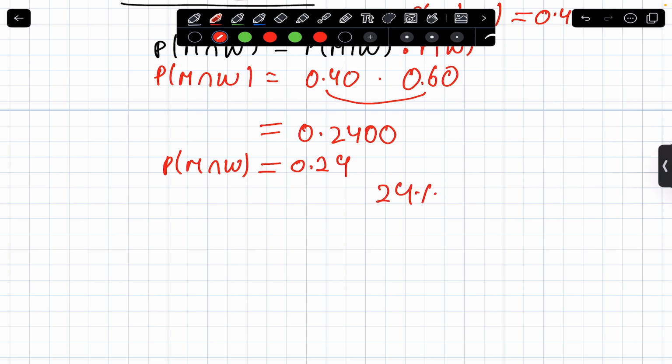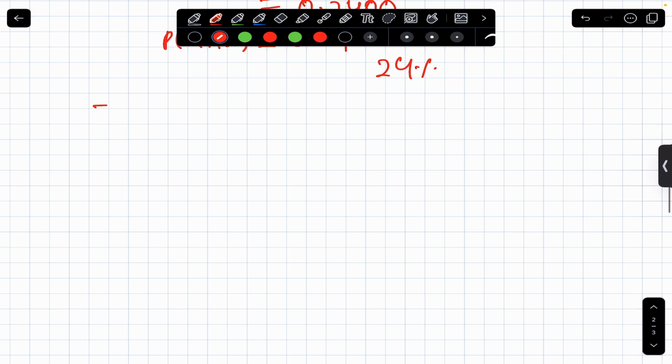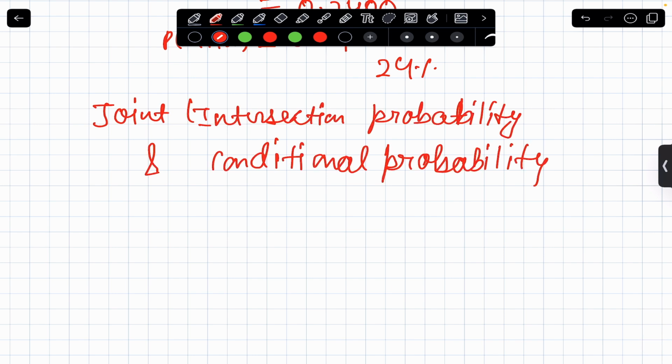Now I'm going to tell you a very important thing that you must know: when to use joint probability, or intersection probability. We use joint probability when we select someone from the entire group who has two characteristics, two conditions that need to be satisfied.